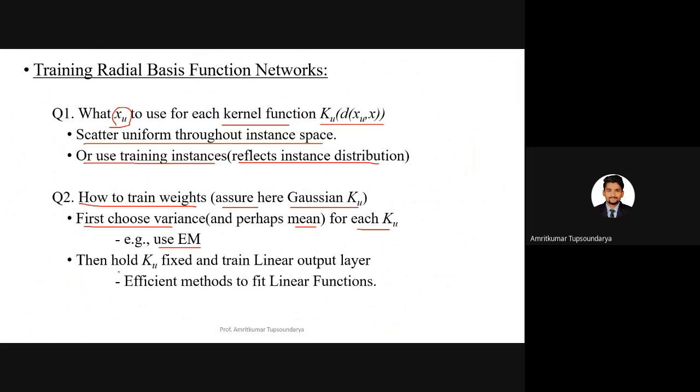We fix the value for the kernel Ku, and then we can train the linear output layer, which is an efficient method to fit linear functions. So these are the two important questions that arise in front of us, and these are the approaches. If we follow these approaches, we can answer these things, right?